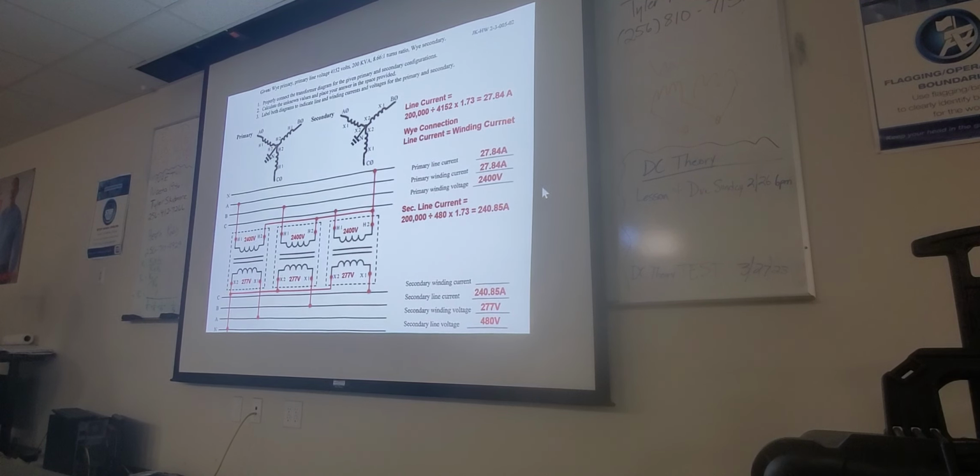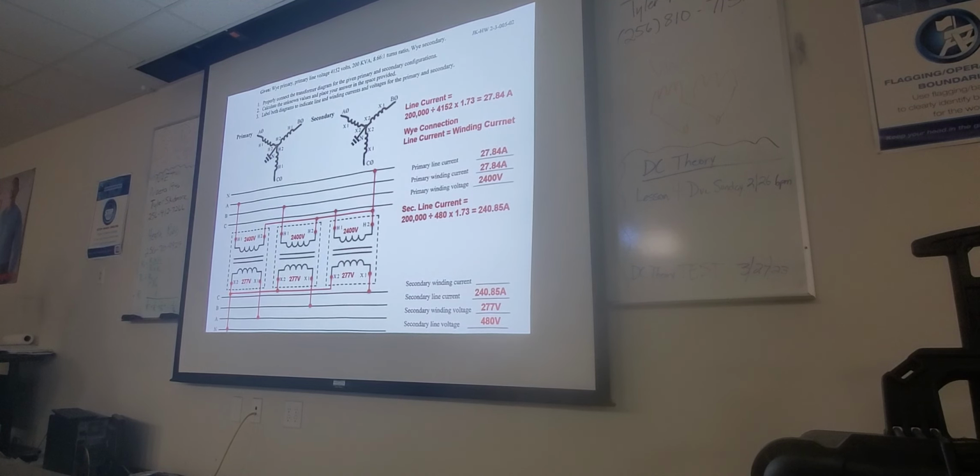Then our calculation for our secondary line current. Multiply our primary line current times 8.66. 241.0944, or pretty close to that, right?